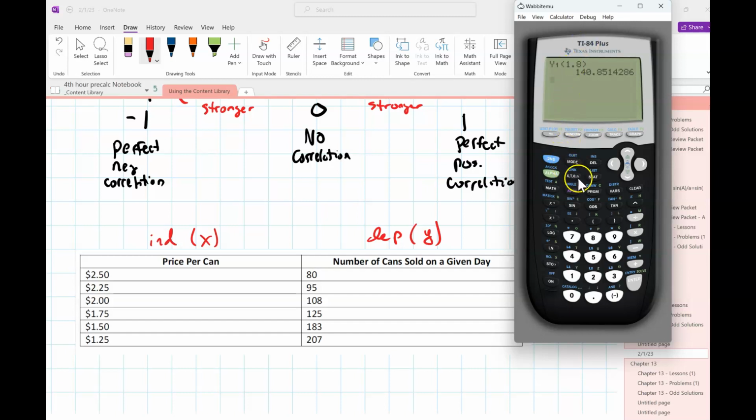Okay, so the first thing I want to do is type this data into my calculator. The place where I do that is I press the stat button, which is right here next to the left-hand arrow. Inside the stat menu, we're going to pick from the edit tab, the edit command.